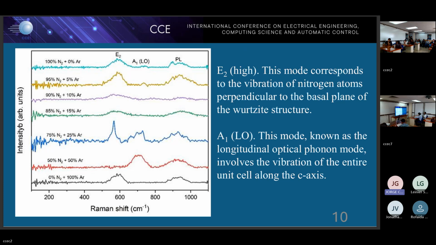The ones most presented in the articles are E2 high and A1 longitudinal optical mode. The E2 high corresponds to the perpendicular vibration of the nitrogen atoms relative to the z-axis, and the optical mode corresponds to the vibration of all the cells along the z-axis.